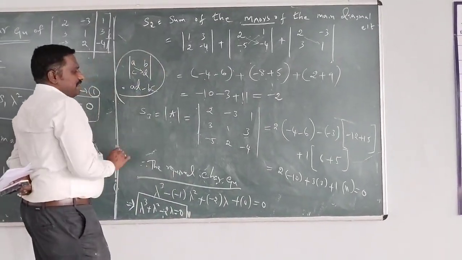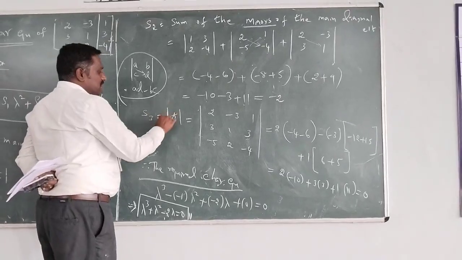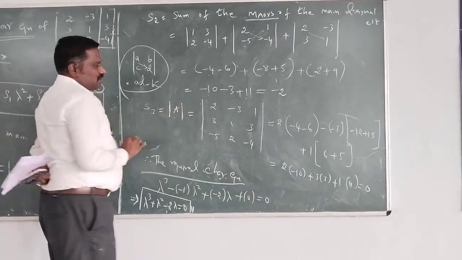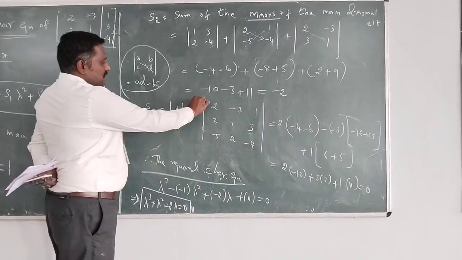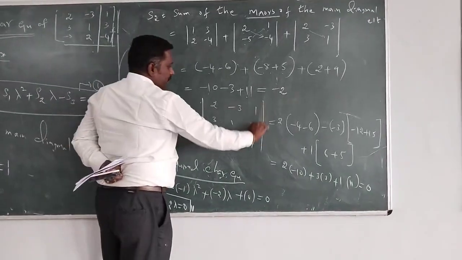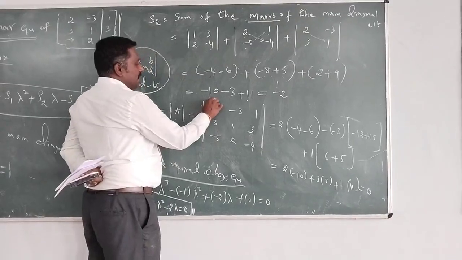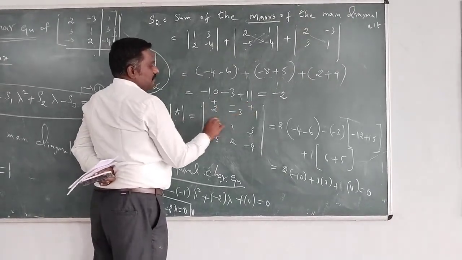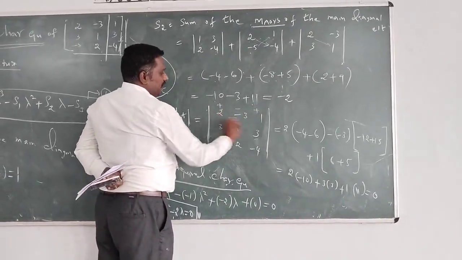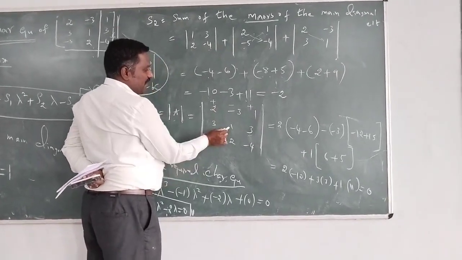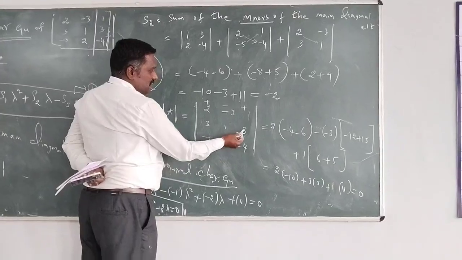Then S3 is the determinant of A, that is, the determinant of our matrix. Once again, the signs are plus minus plus. So 2 into deleting the first row and first column gives minus 4 minus 6.